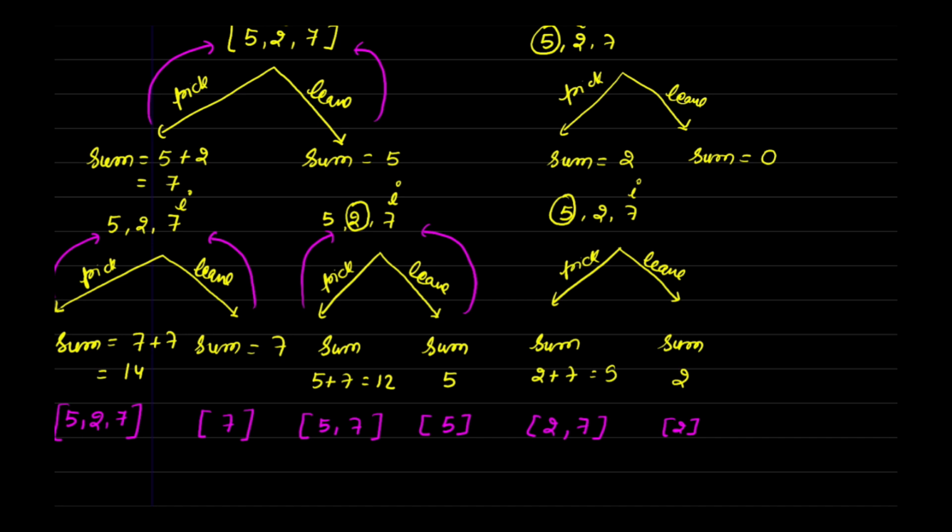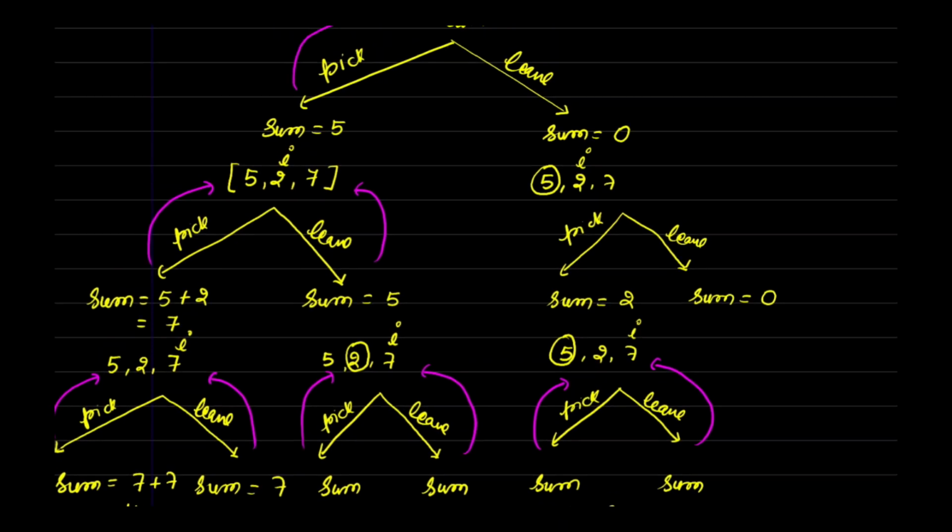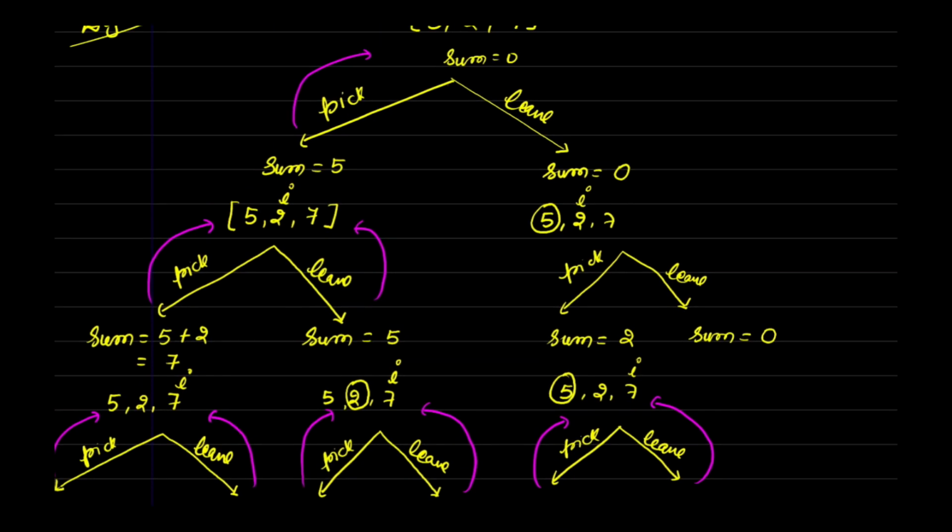Now at the last we did till all the indexes, so we will go back. We will go back and do a backtrack here. We will also go from here and do a backtrack from here. Here also we will go back, do a backtrack here.